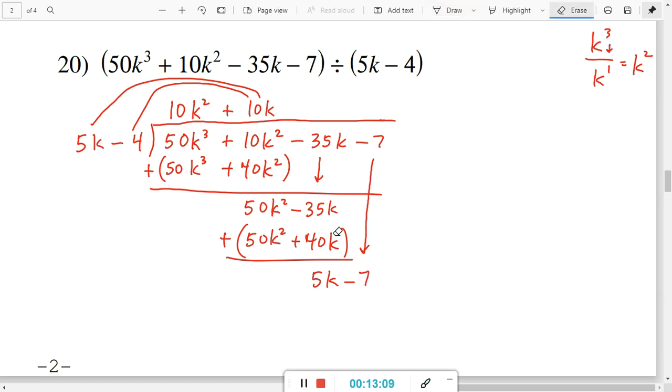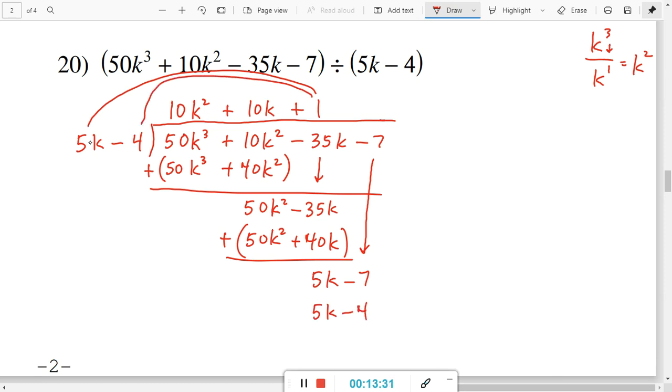All right. And now we repeat the process. 5k divided by 5k is positive 1. Okay, distributing the 1. 1 times 5k is 5k. And then 1 times negative 4 is negative 4.